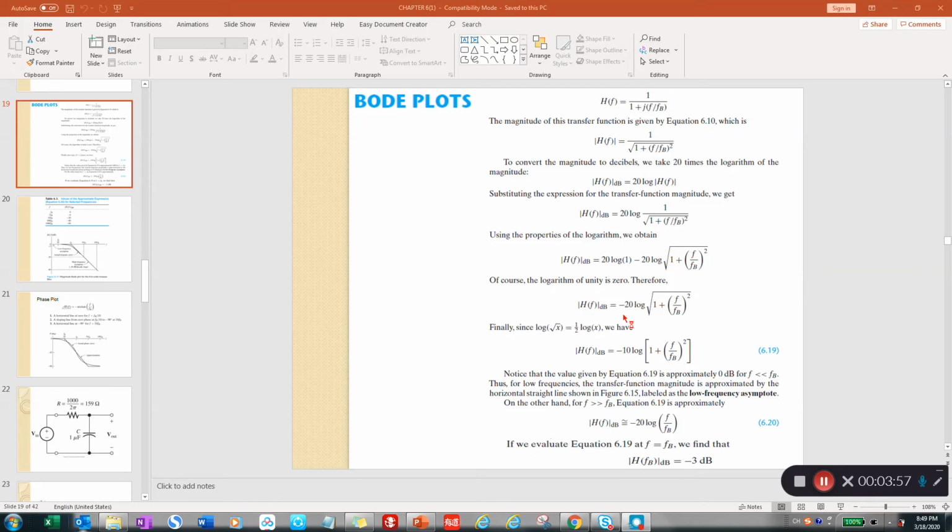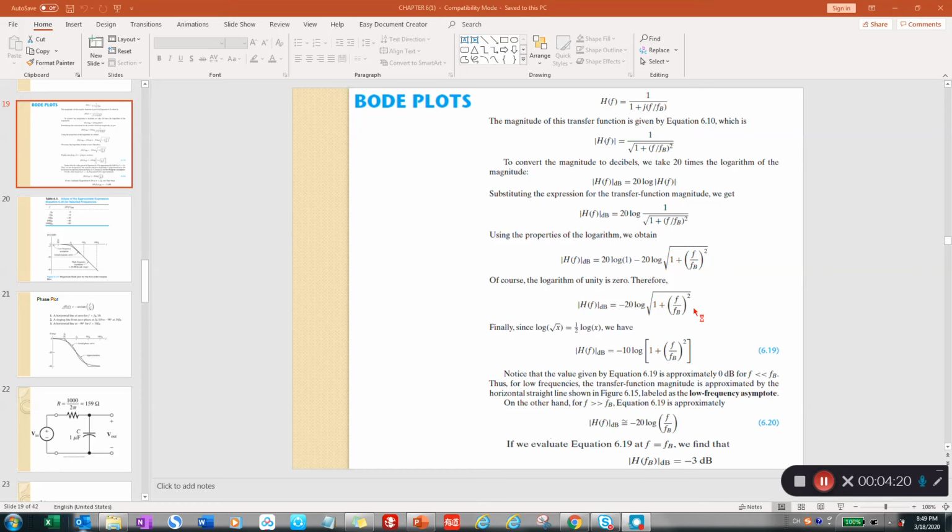Then if you calculate -20 log 10, you are going to get -20. That means if the frequency is 10 times of fb, then your amplitude in dB will be equal to -20.